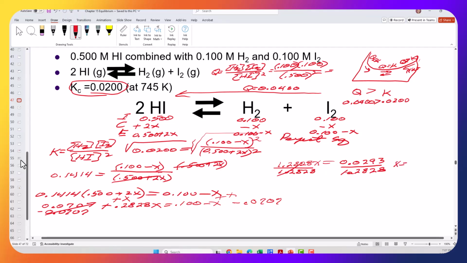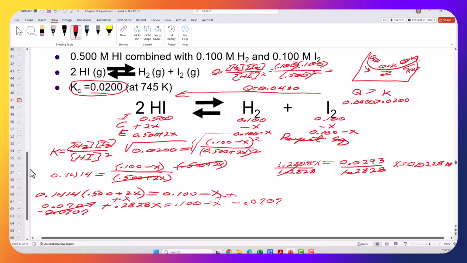X will be equal to, let's see, 0.0293 divided by 1.2828, which gives me 0.0228. So x is 0.0228 molar, or atmospheres, whatever the unit of concentration has to be.